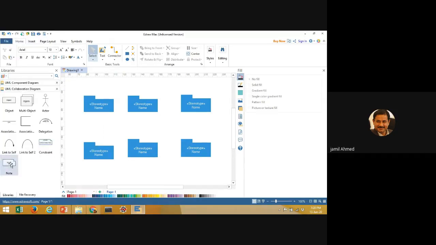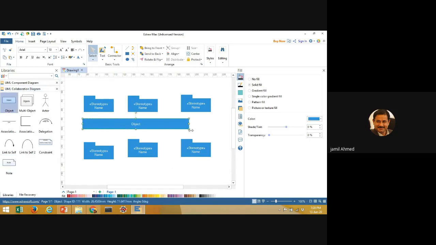Now in this collaboration, sorry, this is not the appropriate one. The object is there. Now I am renaming it as a communication diagram.